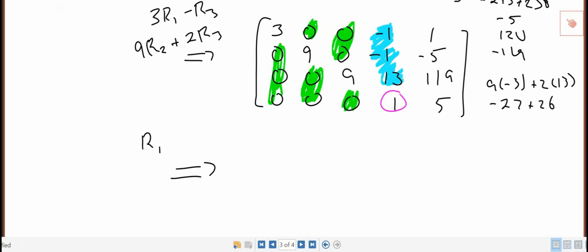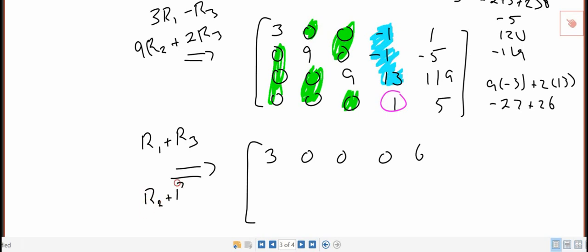So I'm going to take just row 1 and add row 3 to that. That's going to be 3, 0, 0, 0, 6. Now I'm going to take row 2 and add row 3 to that one. It's going to be 0, 9, 0, 0, 0, 5 plus negative 5. And then I am going to take row 3. Oh, I should be putting row 4s there.